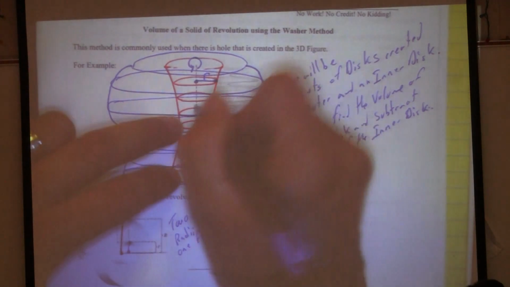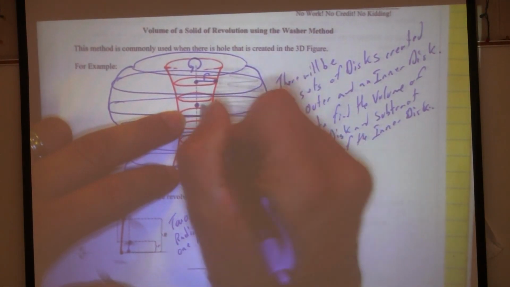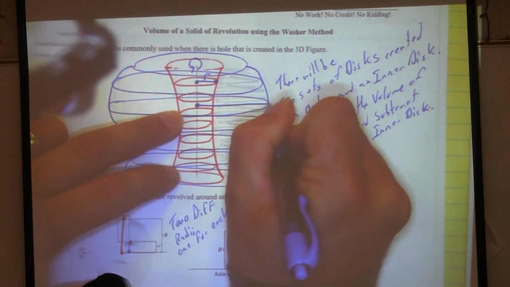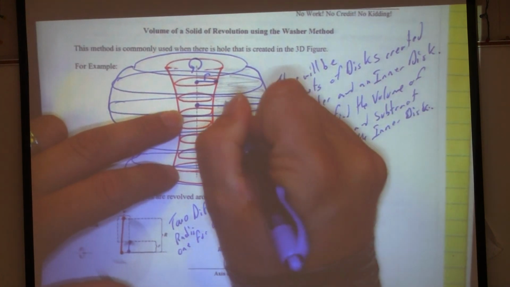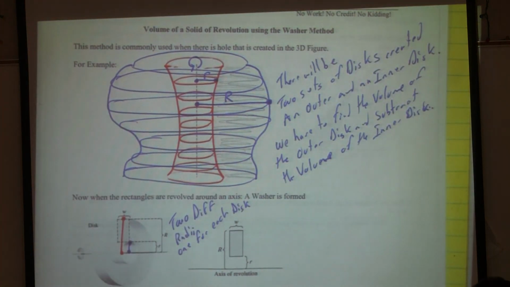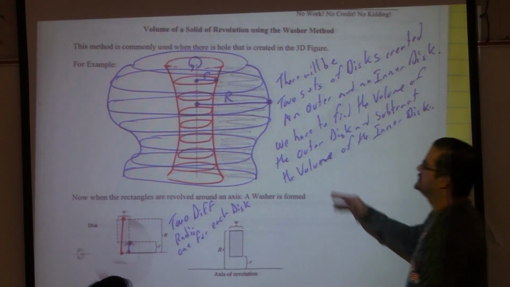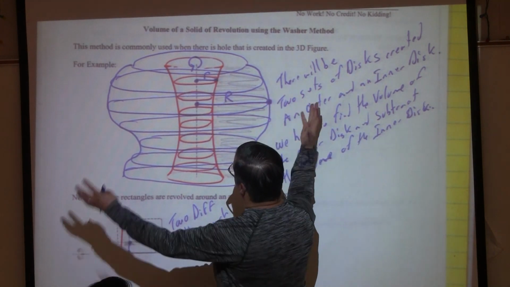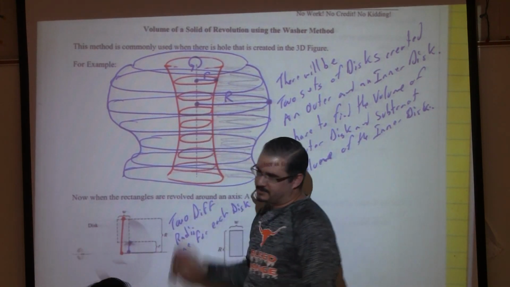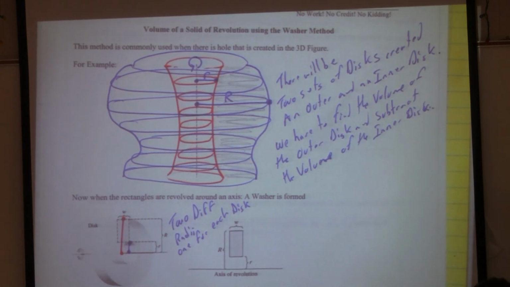The other one goes from that same axis of revolution all the way to the outer curve. That's my big R. So we're treating those big disks as being complete minus the little disks. That way we can just get that other space.